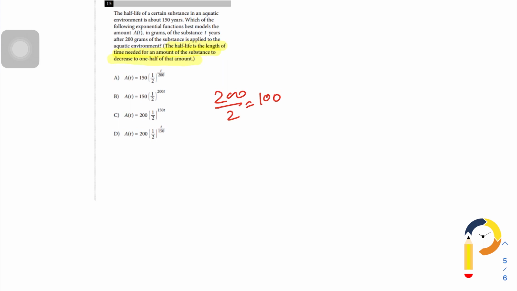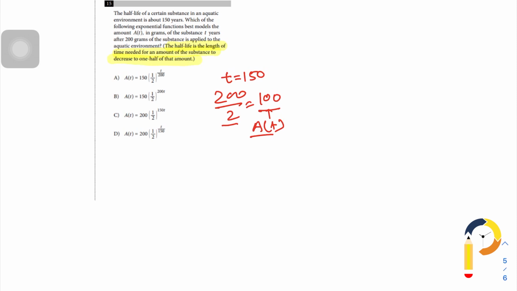So we got it. Now you just plug in t equal to 150, so after 150 years the amount becomes 100, that means A(t) is equal to 100. So if you plug in t equal to 150 in the answer choices, they should give you A(t) equal to 100.